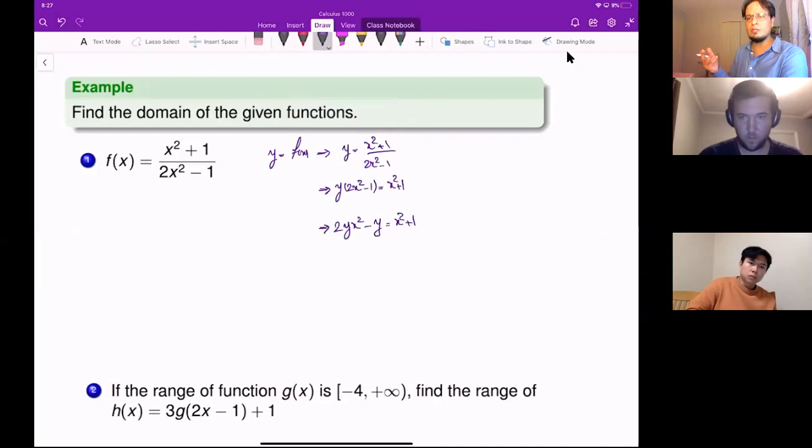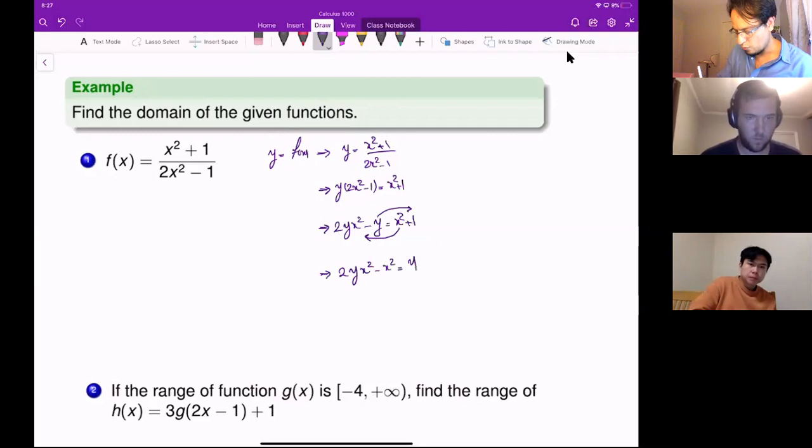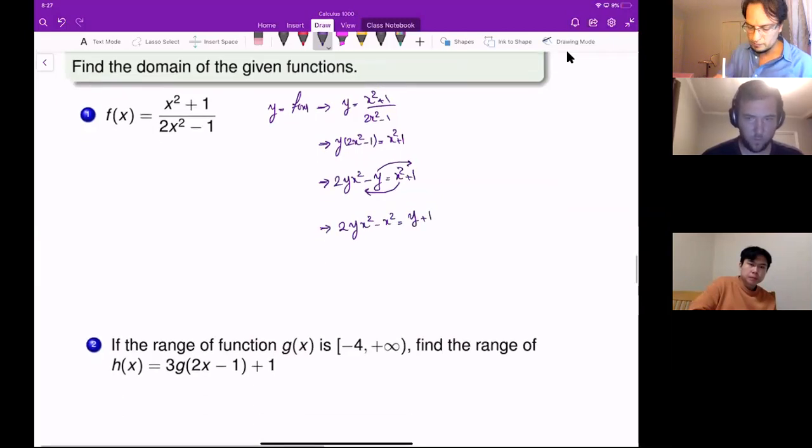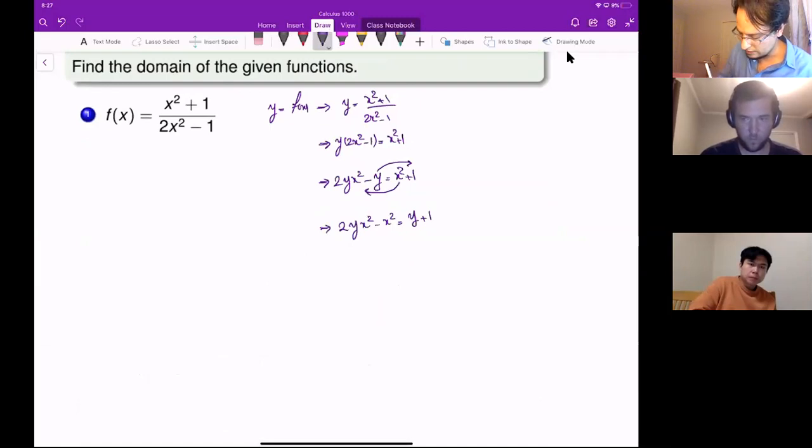Why are you doing all these things? Well, I'm separating x. So I will bring everything which has y to the other side and everything which has x to the left side. So this will be 2yx squared minus x squared equals y plus 1. And then go ahead from there. You will see that I can factor out x squared.